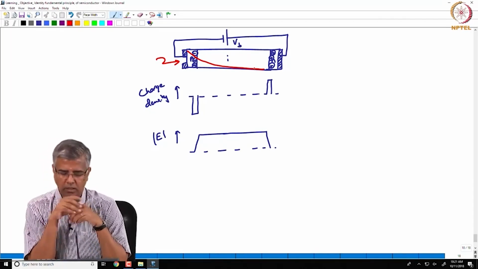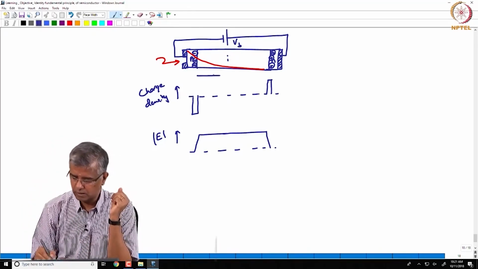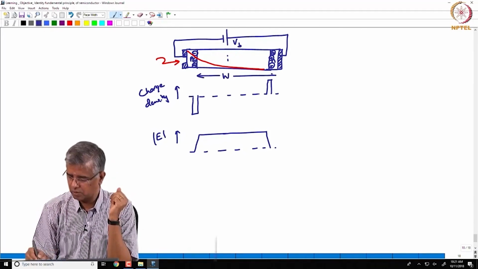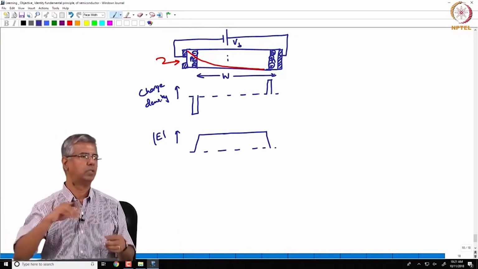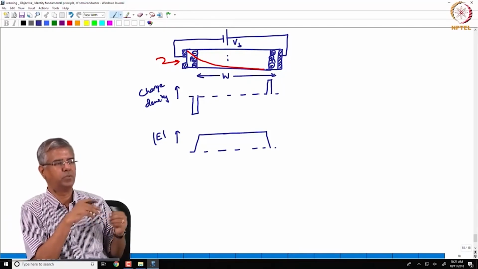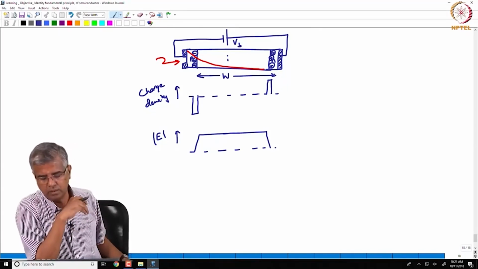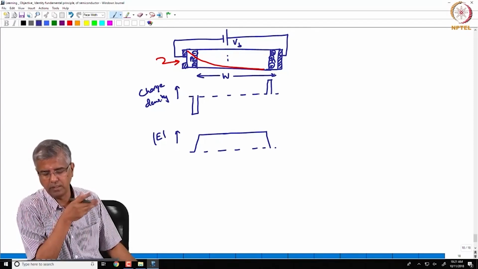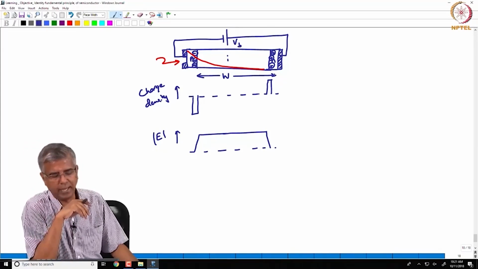Let's call the width of that I region W. The width of the I region can be extended so that you can absorb all the power incident on this structure. So it gives you a sort of free design parameter: by increasing the value of W, you can absorb all the light falling on the photodiode.